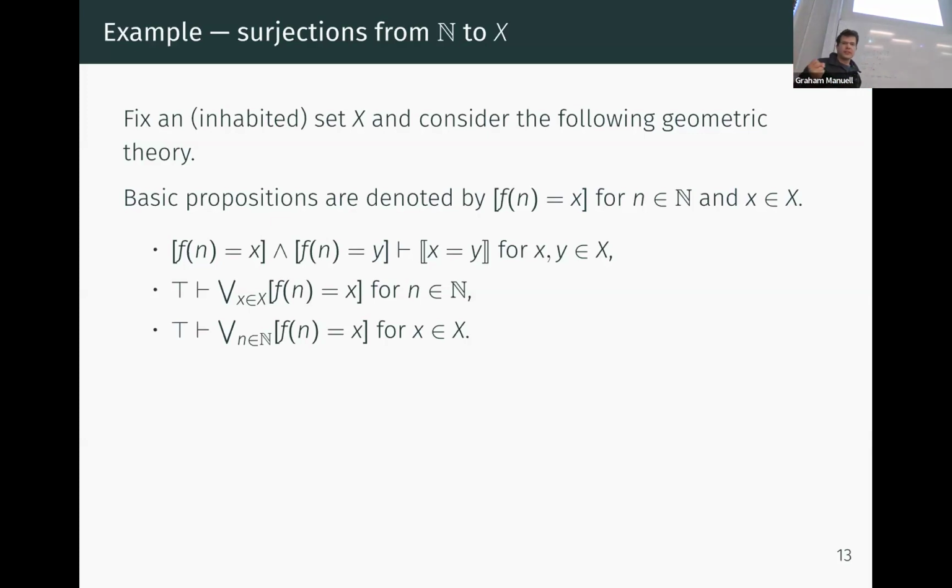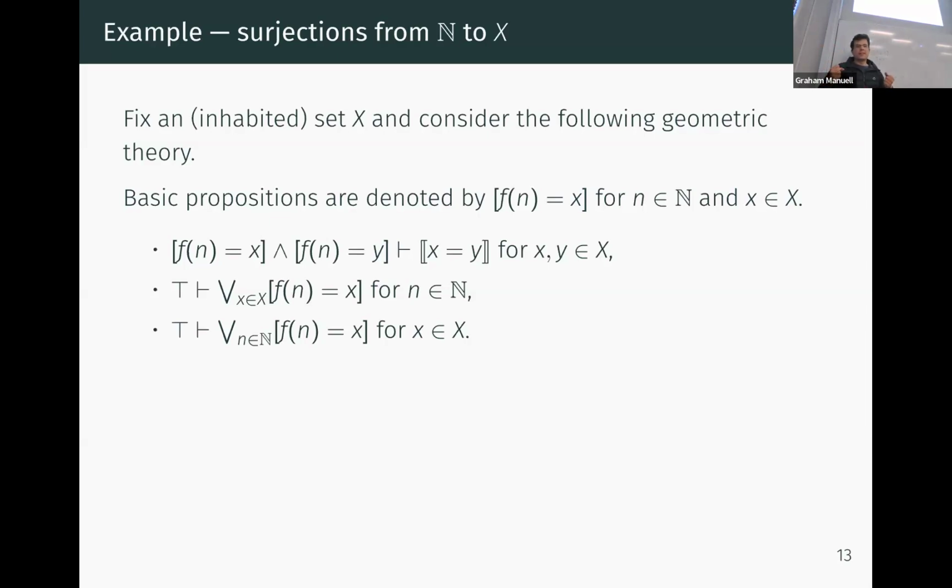So how would we do this? Firstly, if f(n) is x and f(n) is y, x better equal y, right? That's for it to be a function; it must have this uniqueness property. The second axiom says that if we have a certain natural number, there must exist an x such that f(n) equals x.